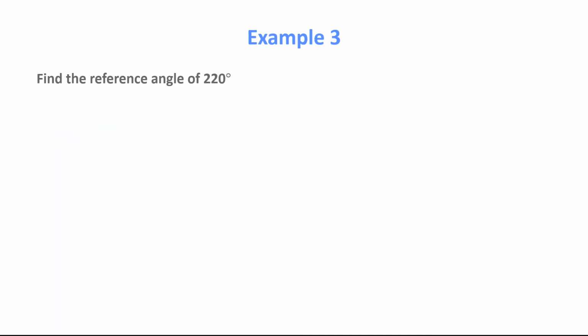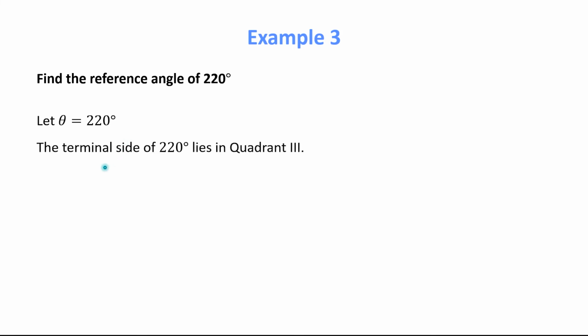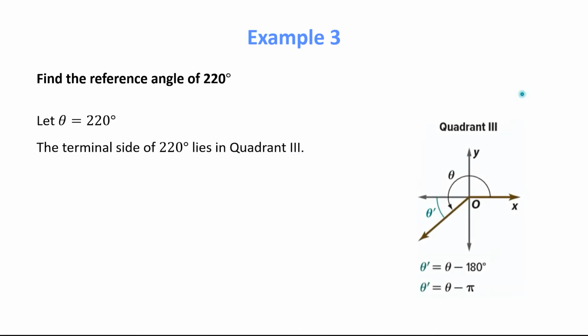In example 3, we need to find the reference angle of 220 degrees. So here, theta is 220 degrees, and we must find theta dash. Well, we know that the terminal side of 220 degrees lies in quadrant 3. So let's look at the visual here. Okay, 220 degrees will be in quadrant 3.